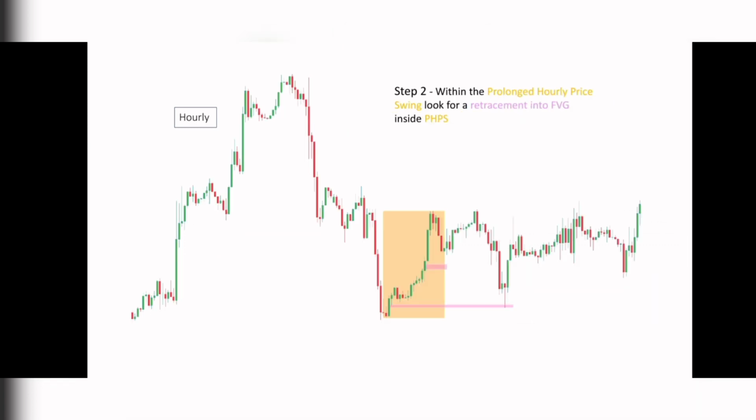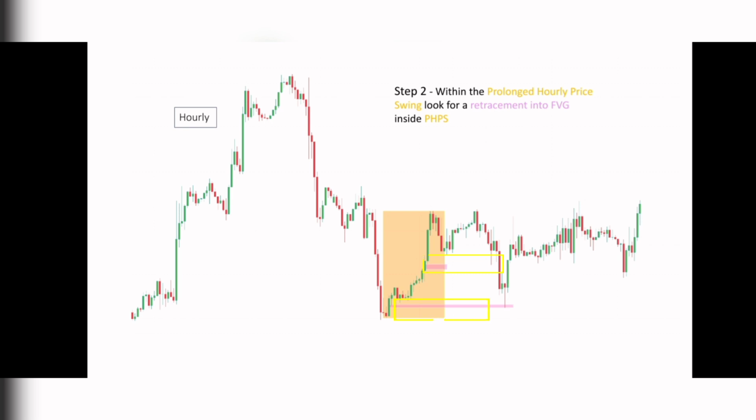So step 2, we are looking for that fair value gap retracement. As you can see in the pink, sorry, I have dogs. Price trades into what we are considering to be a prolonged price swing. And when price trades into that, we are looking for our setups.